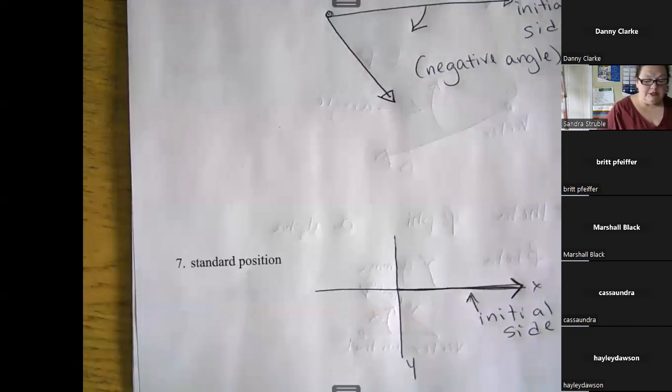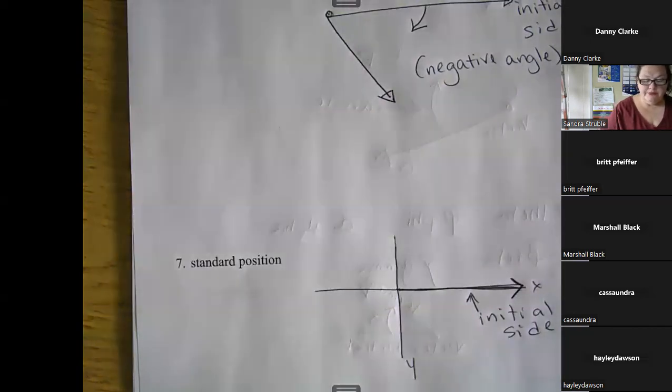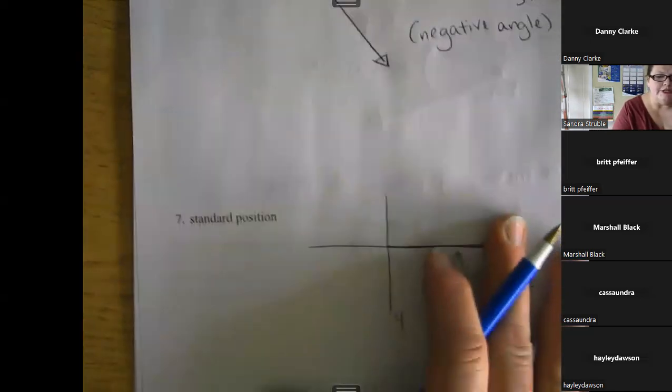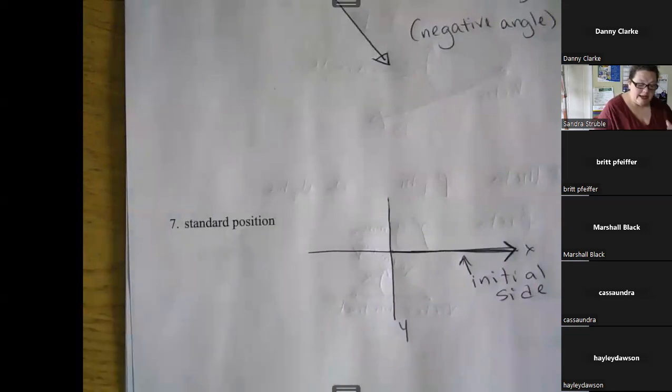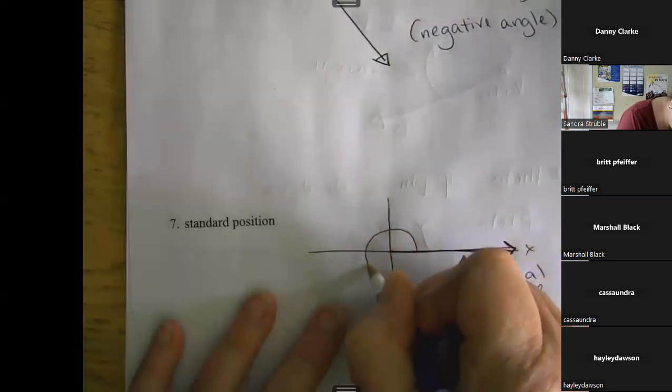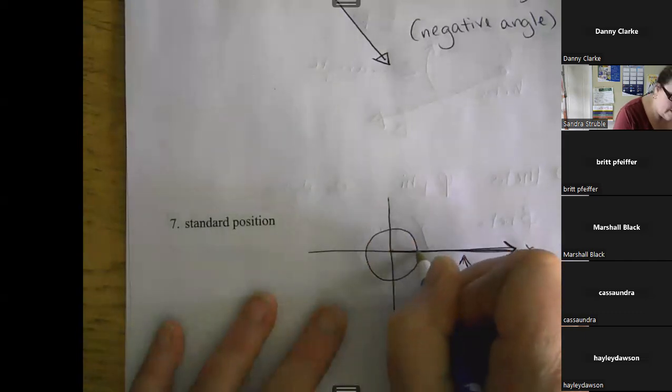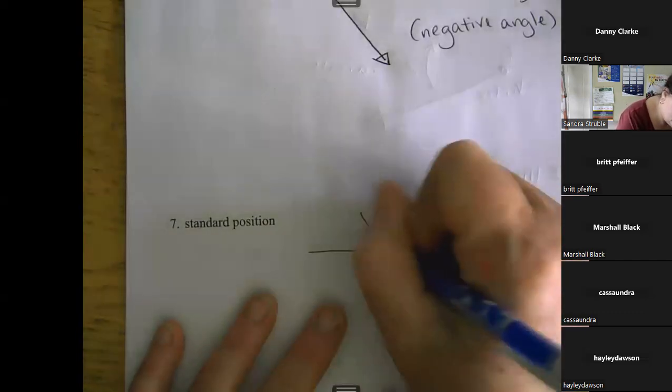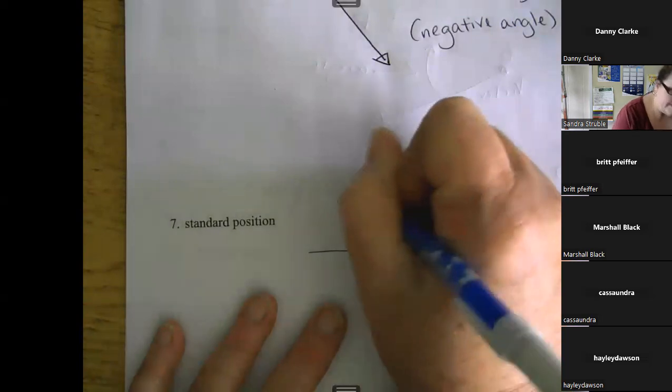To place the terminal side, we must calculate the fractions of the rotation. First, you need to understand that if I start at my initial side and create an angle all the way around and back to my initial side, that gives me 360 degrees.